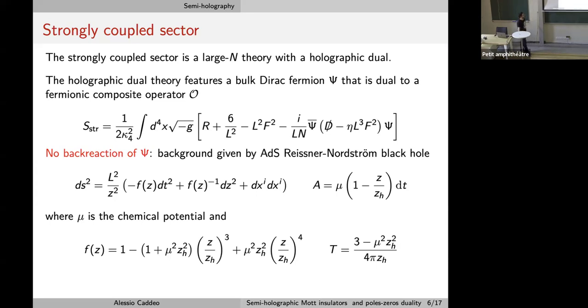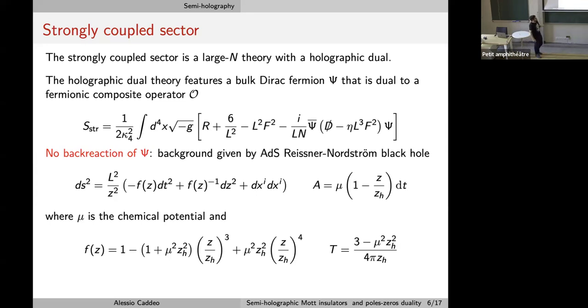One is the gluonic subsector, described by the first three terms in the action. So we have just an Einstein-Hilbert term with a negative cosmological constant and a Maxwell term, since I'm describing finite density states.